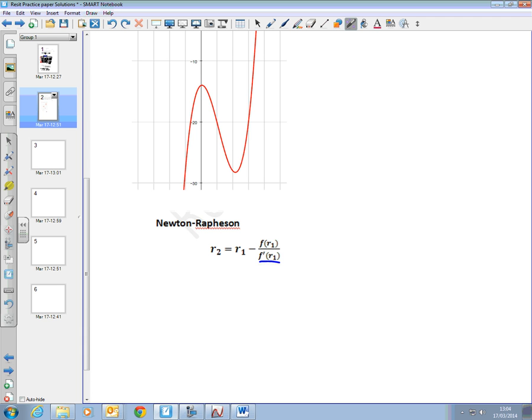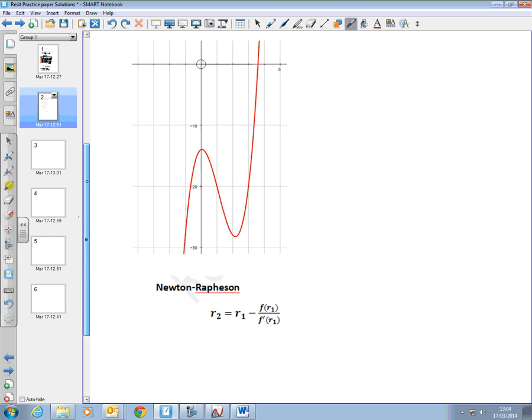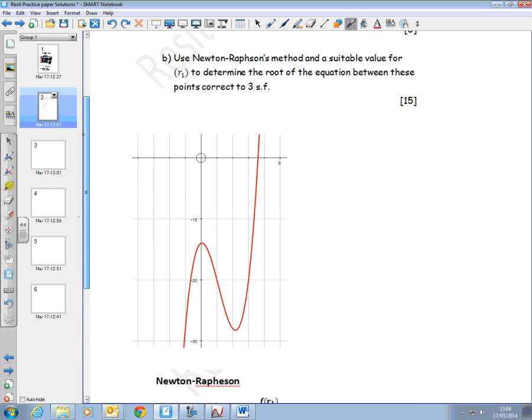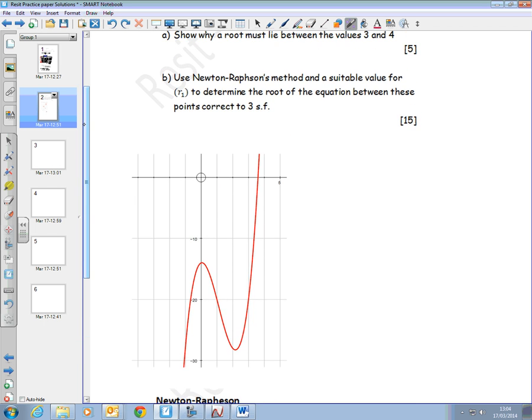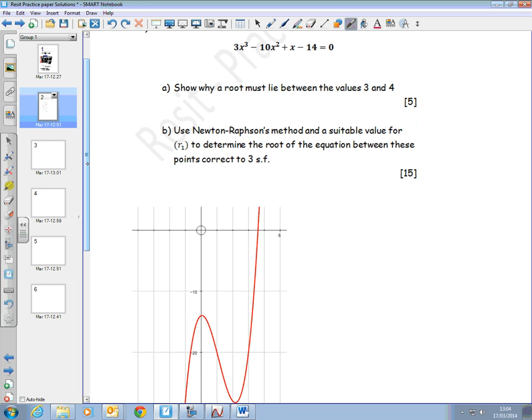So that will then give us a new value for x, and then we put that back into Newton-Raphson and get another solution, and so on. So it's an iterative process. We have to continue to use it until we home in on a value. And our first guess is going to be somewhere between 3 and 4, because we know the root lies between 3 and 4. So guess 3.5, halfway.